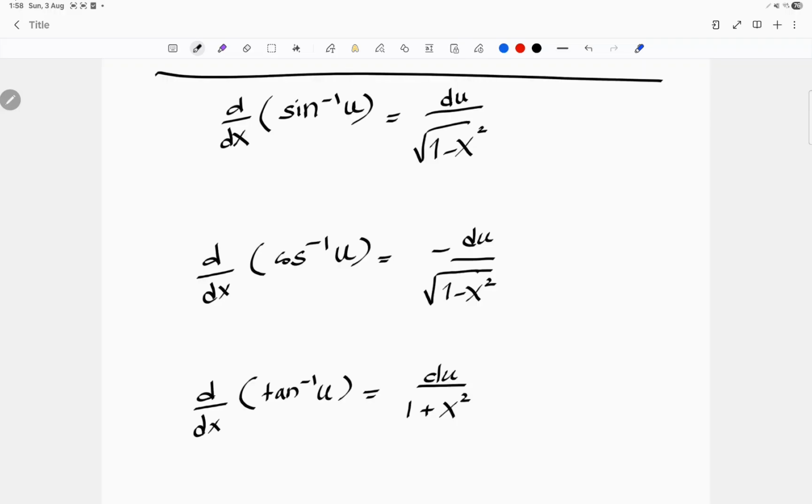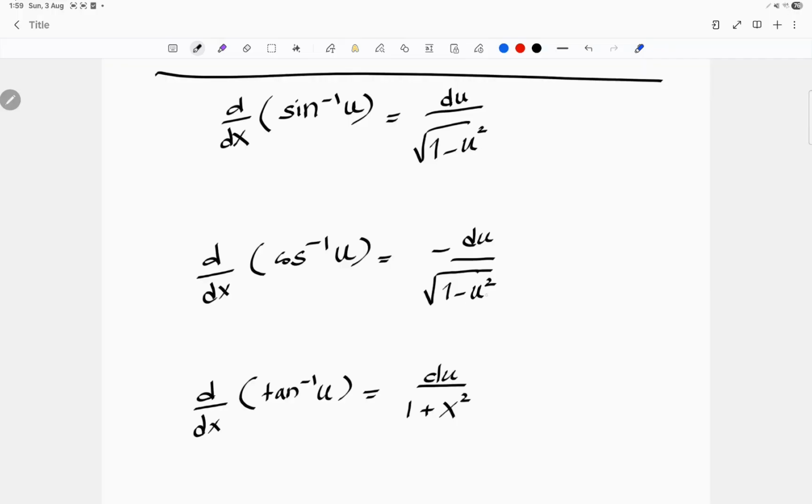What does that mean? For example, if I have to find the derivative of the inverse sine of x squared. Okay. Then what do I do? Let's just go back. That's the equation, right? And this is the u squared.